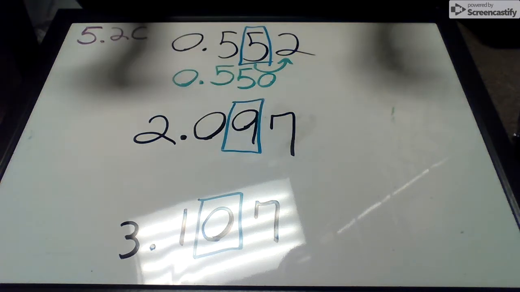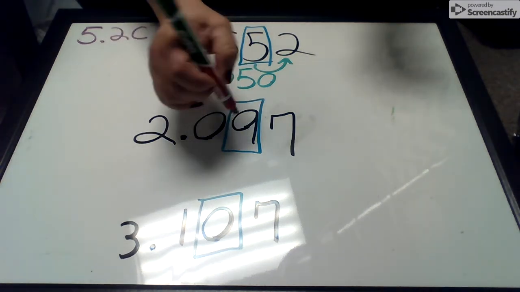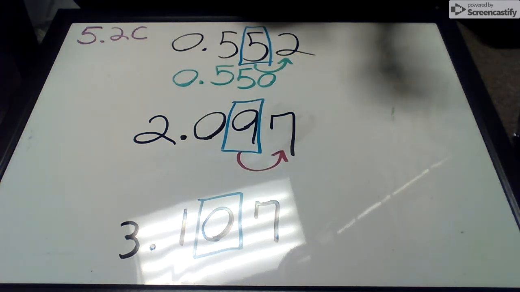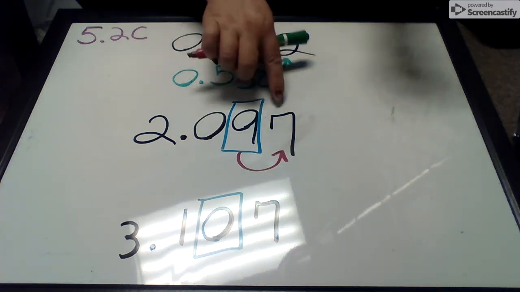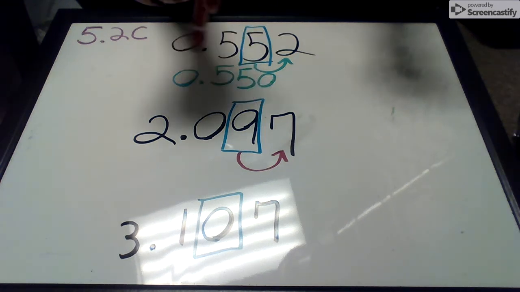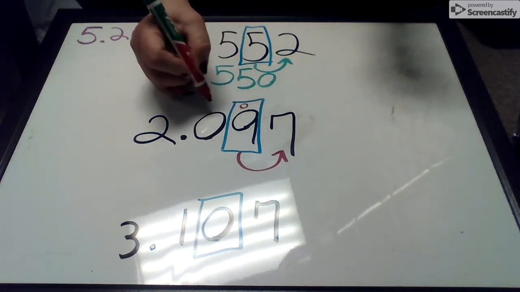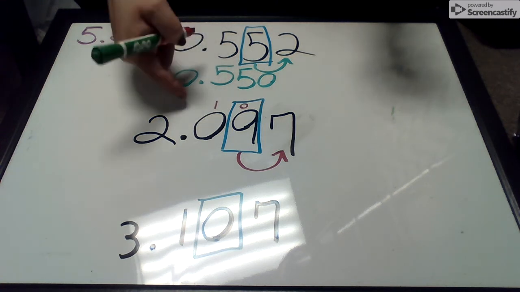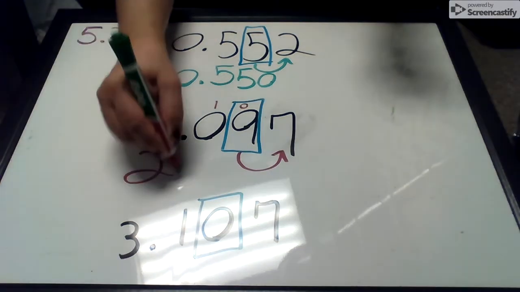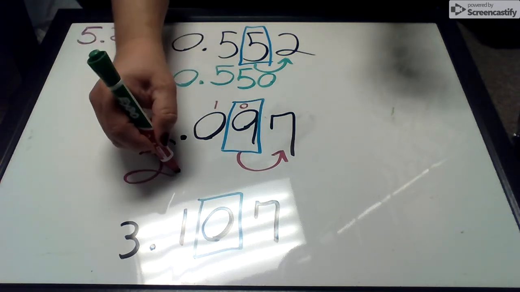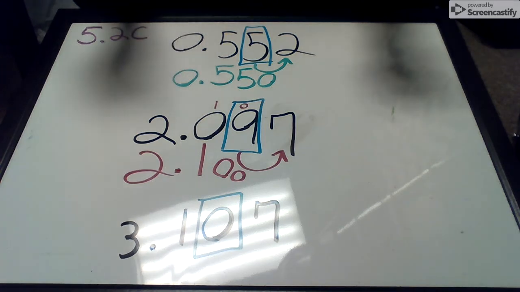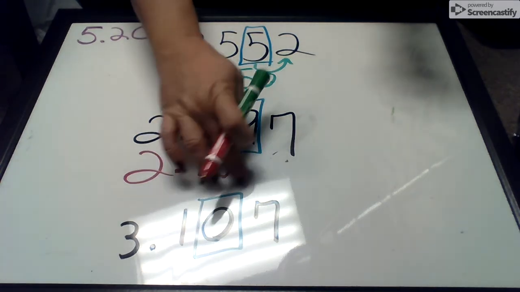Now this one's a little bit different because this is a 9. The digit behind the 9 is a 7, which means this 9 is going to change up 1. So if I have 9 and I add 1 to it, this becomes 10. So everything in front of the box stays the same unless we added a carryover. It's hard to see.